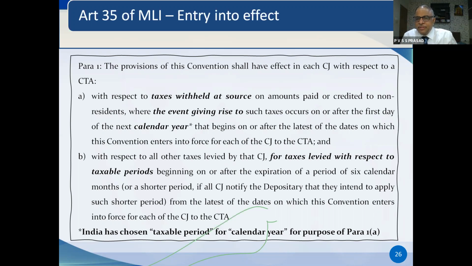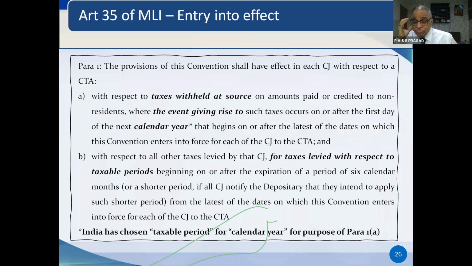Because the withholding tax date should always precede the regular taxes date, because the transactions start happening after MLI becomes a reality. So the entry into force is always different from the effective date. Effective date is different, entry into force is different.